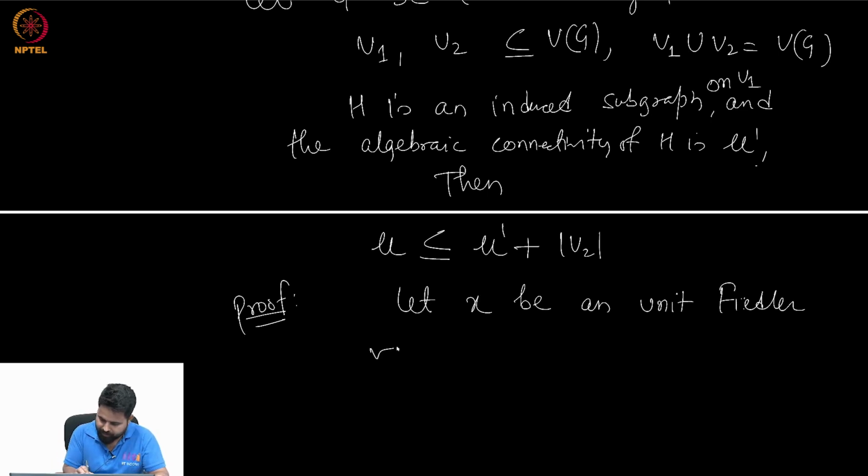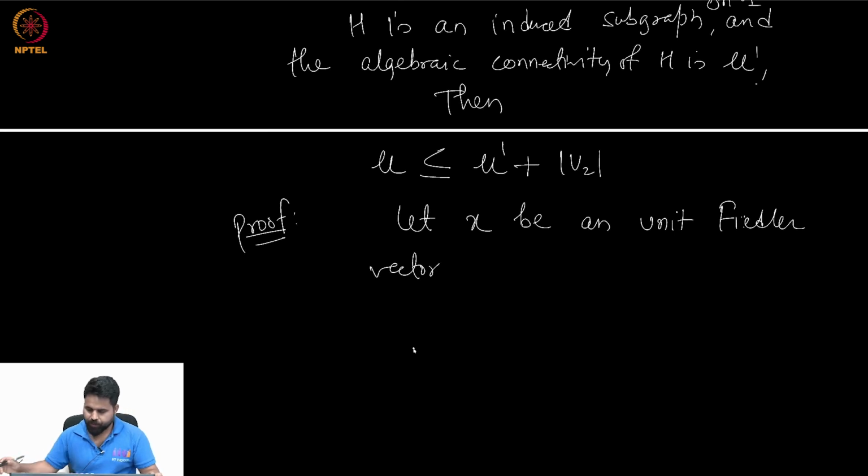So suppose this is L_H, the Laplacian matrix of H. That means if you multiply x with this, it will be nothing but mu dash times x.